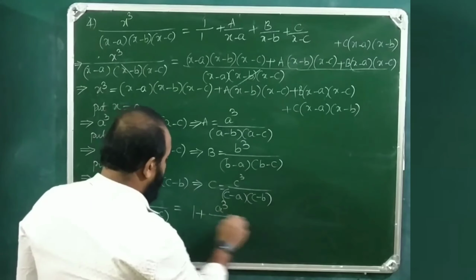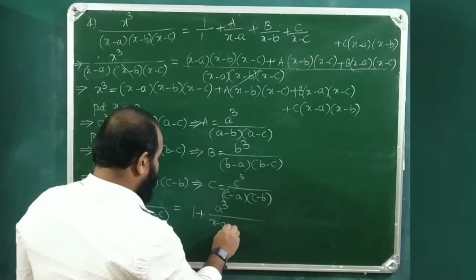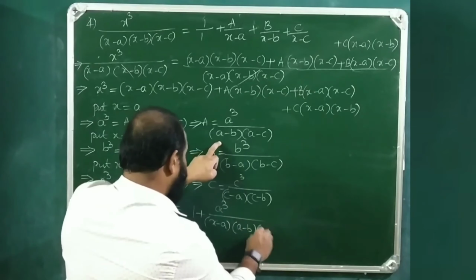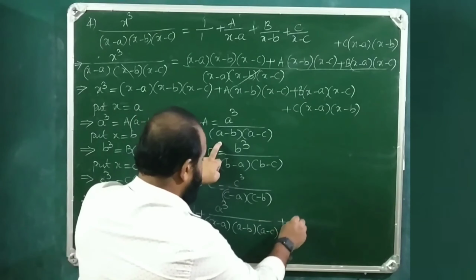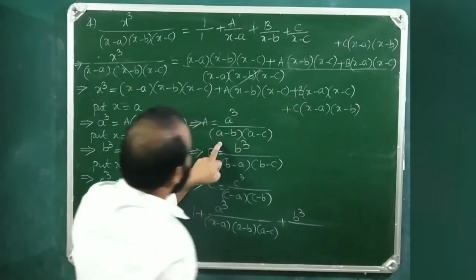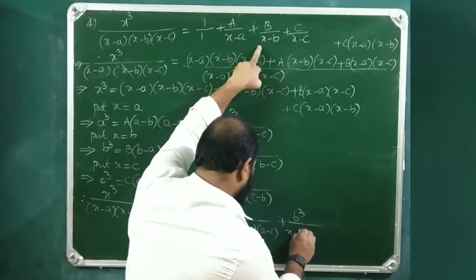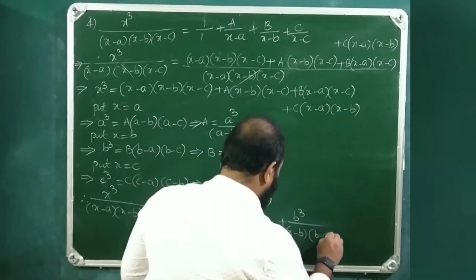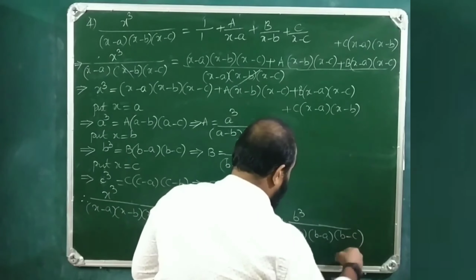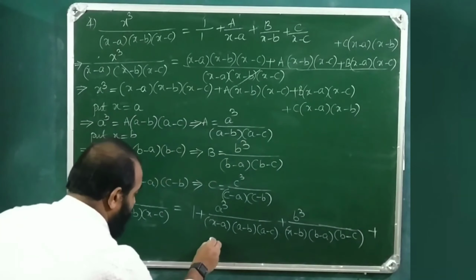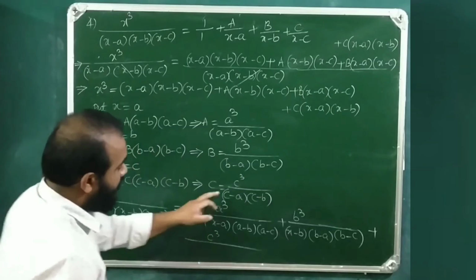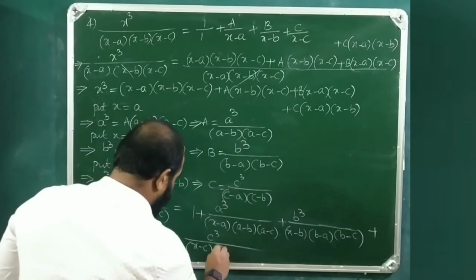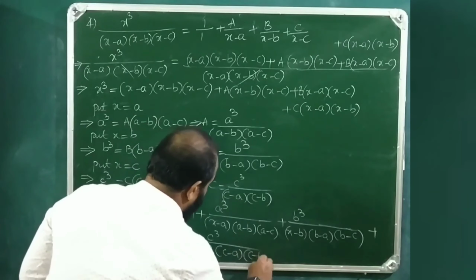So a cube by (x minus a) into (a minus b) into (a minus c), plus b cube by (x minus b) into (b minus a) into (b minus c), plus c cube by (x minus c) into (c minus a) into (c minus b).